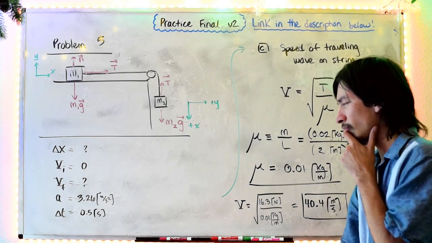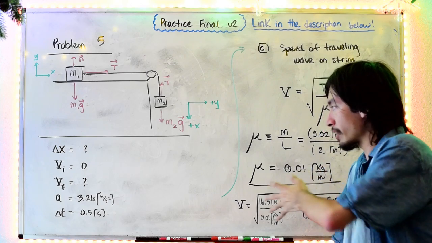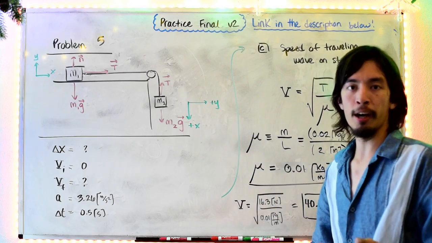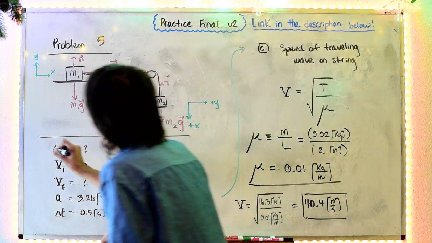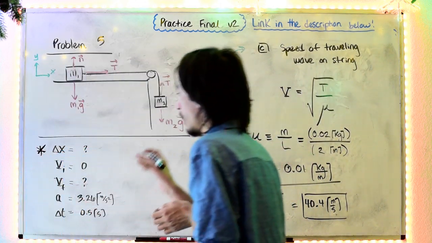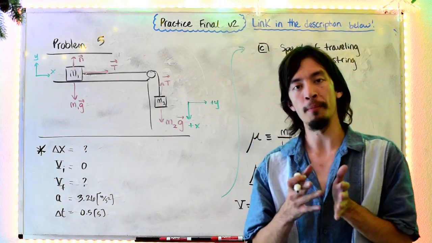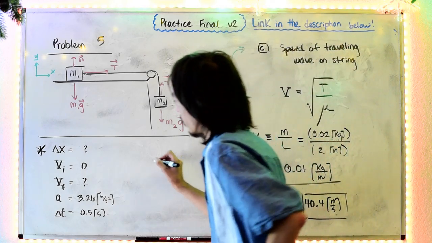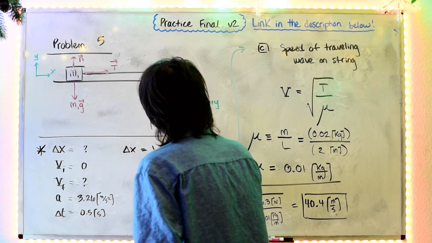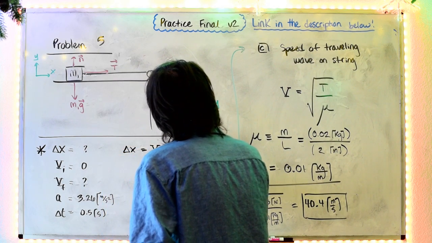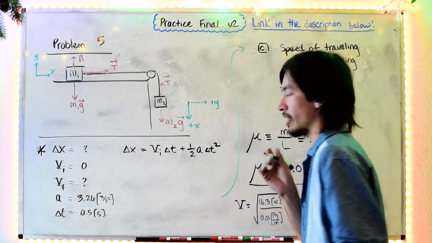So I have that it's half a second, and this is all the information relating to the half a second that that block moves to the right. I need to know how far that block moves to the right, because that's how much shorter that string gets. So I need to solve for that using a kinematic equation, which we could just use delta x equals v initial delta t plus 1/2 a delta t squared.